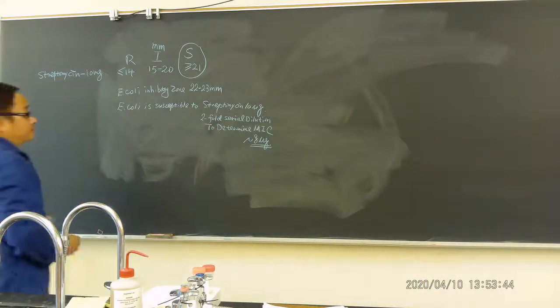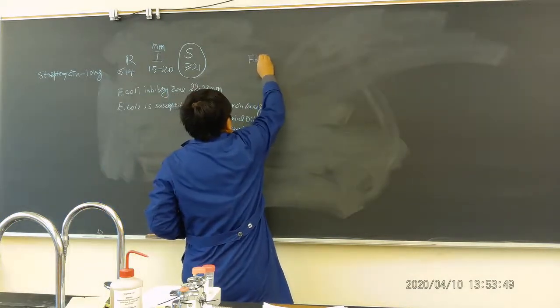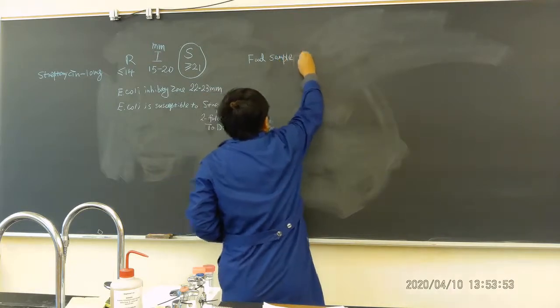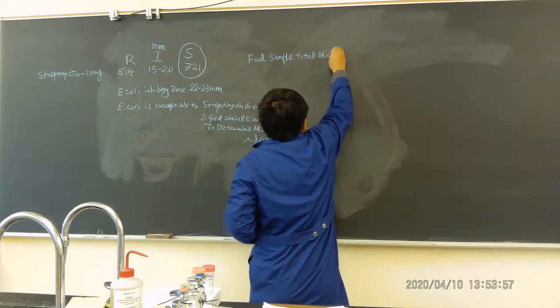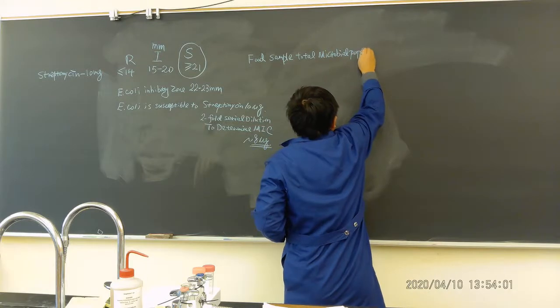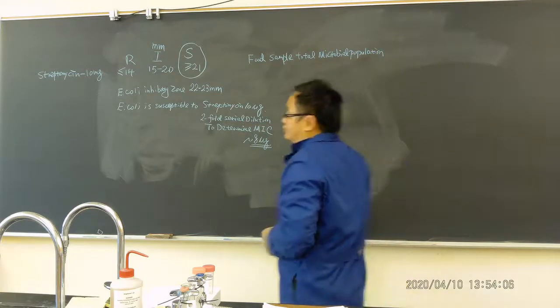The second thing I want to mention is we did the food sample, for the total microbial population. Now, it's very important, we want to do a calculation.